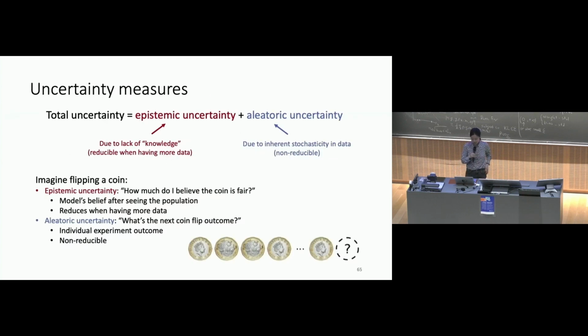Okay. So let's talk a little bit about this uncertainty thing. Previously in the notebook, you've probably seen that we plot both the total uncertainty and the model uncertainty. Model uncertainty is the same term as epistemic uncertainty, and data uncertainty is the same term as aleatory uncertainty. Okay? There are different ways to decompose uncertainty, but one of the mainstream methods is to say the total uncertainty is the sum of model uncertainty and data uncertainty.